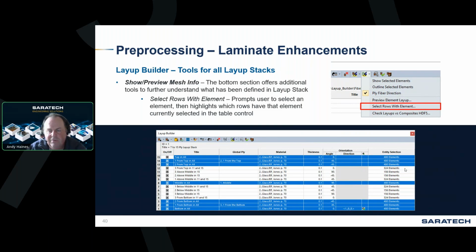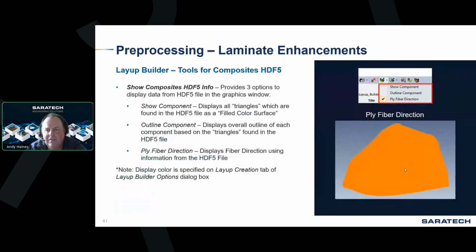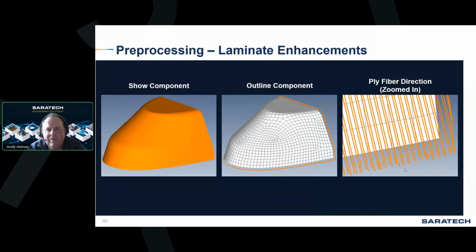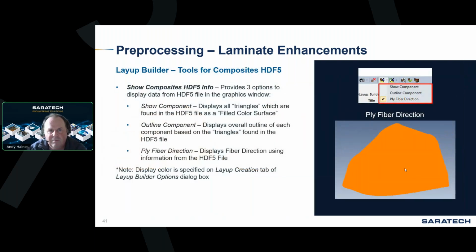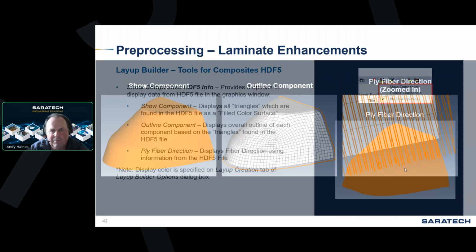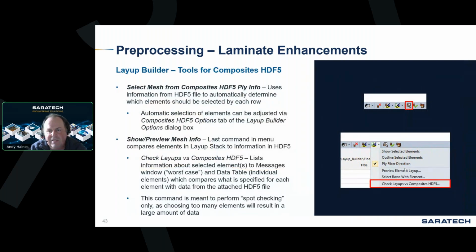That lets you know that the element is properly going to have the right layup on there when it's created. Then you also have some options in here, whether you want to show the whole component, outline the component, or show the apply fiber direction. Now, this is typically used when you do have this Fibersim file that I mentioned, and I'm going to do a quick demo of this at the end.